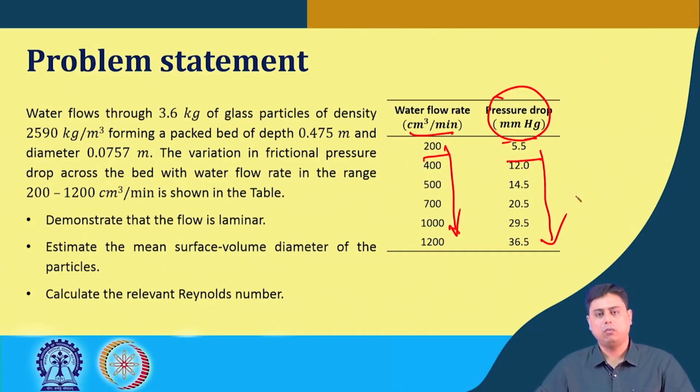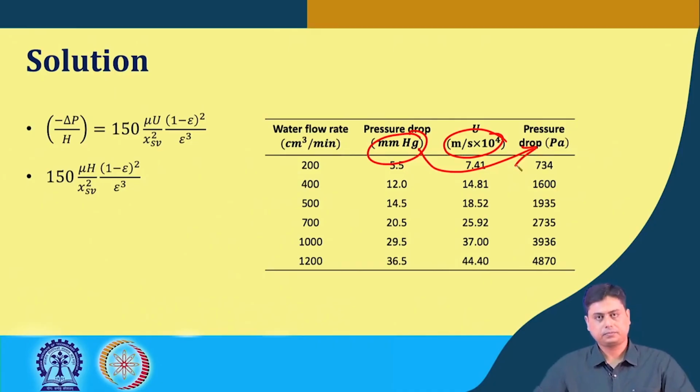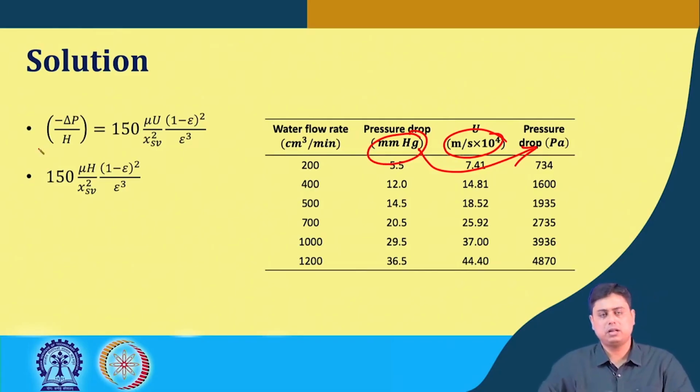For that, what did we do? At first, we converted these units to consistent units, cc per minute to meter per second in terms of superficial velocity, and the pressure drop from millimeter mercury to Pascal. The reason is that the first part of the Ergun equation applies when the flow is laminar.